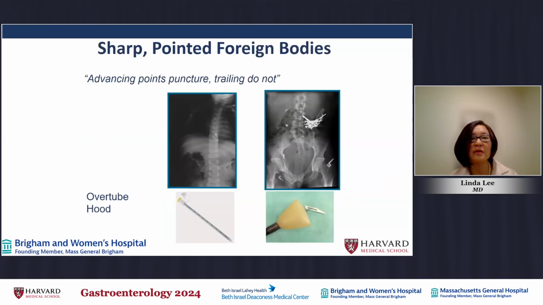And of course, this makes sense, but something to remember with sharp pointed objects: advancing points puncture, trailing do not. So when you look at the safety pin, you never want to pull up a safety pin with the sharp end pointing up like this. You want to push it down into the stomach, reverse it, and have the sharp end trailing, and use an overtube or a hood as shown down below.